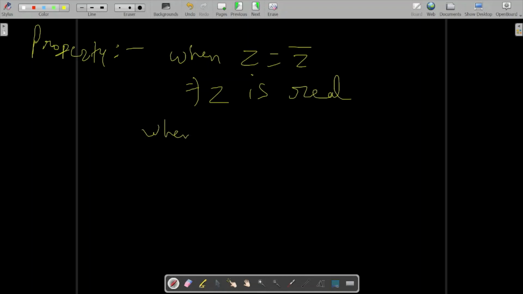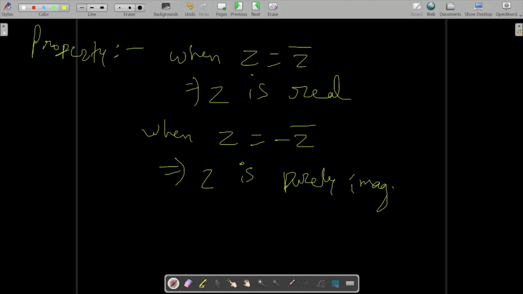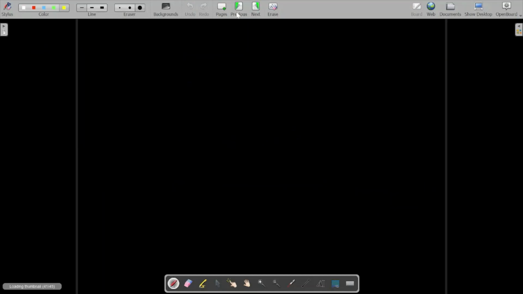And when the conjugate of a number is equal to minus of that number, meaning the sign is inverted, then z is purely imaginary. These are some of the facts which you must remember.